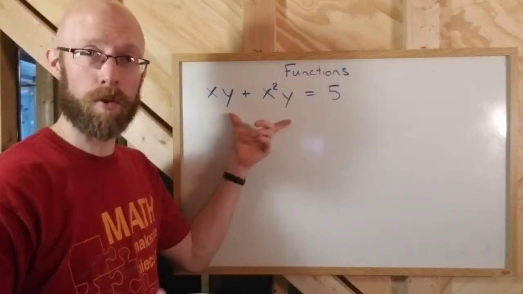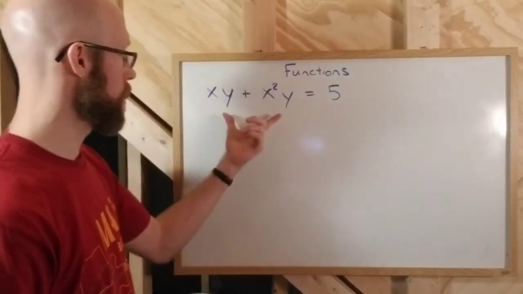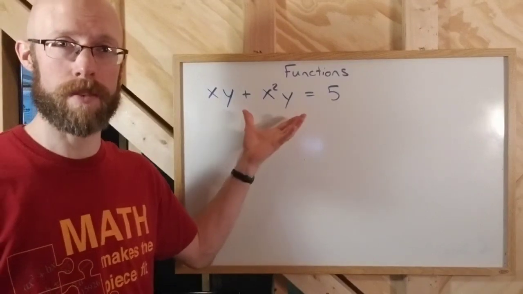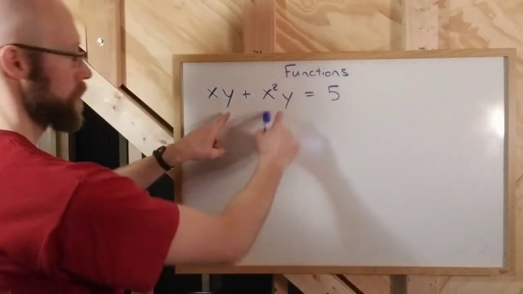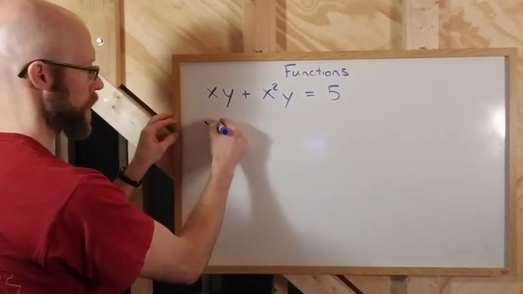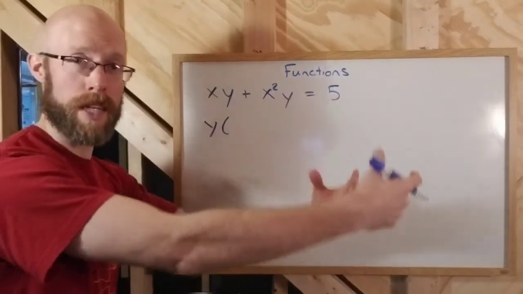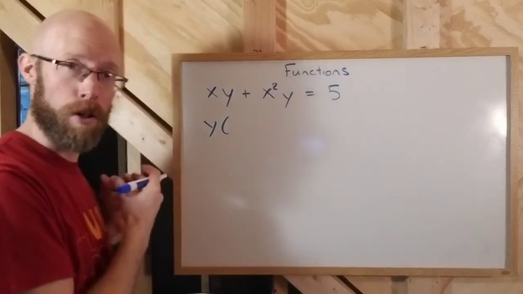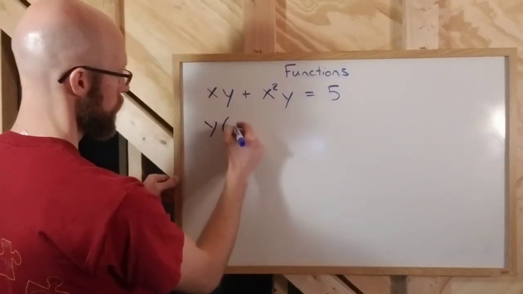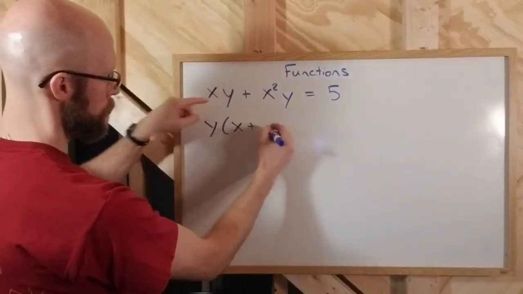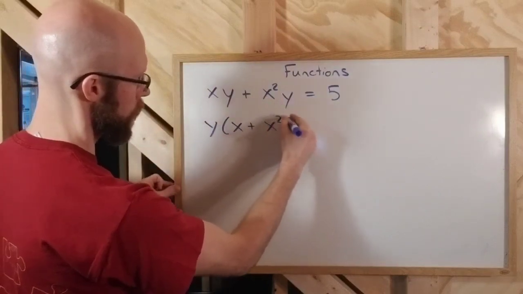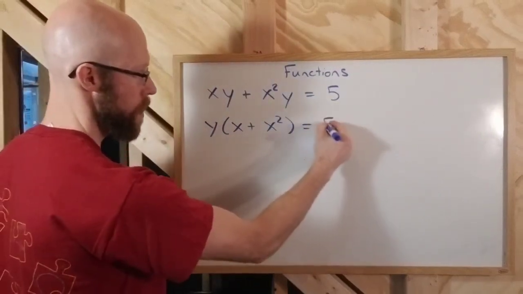To do that, I'm going to factor out a y. I'm going to pull a y out of this side of the equation, right? So there's a common factor of y. If I pull that out, it's kind of like the distributive property in reverse. Instead of distributing something into parentheses, I'm pulling it out. And that's going to give me an x plus x squared in the parentheses.